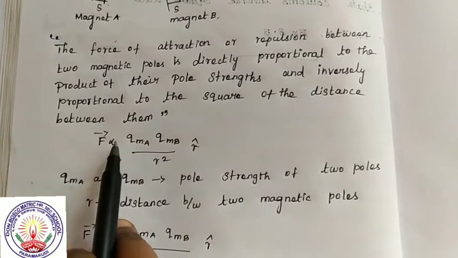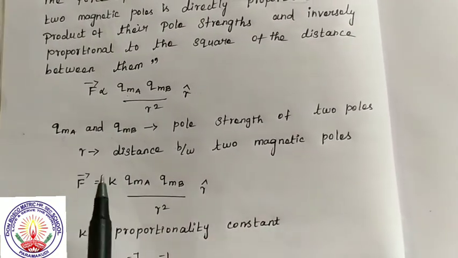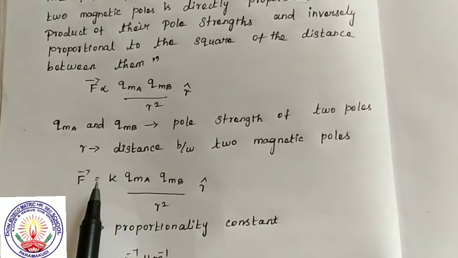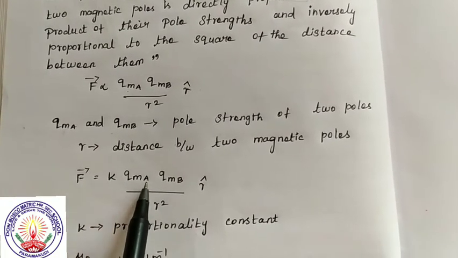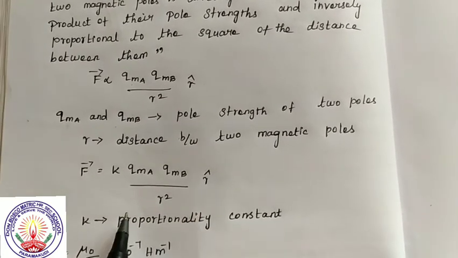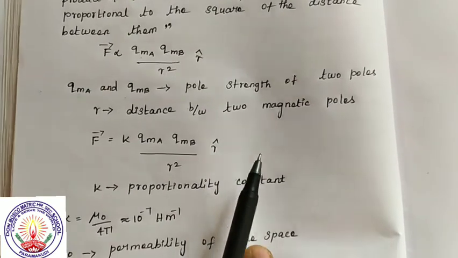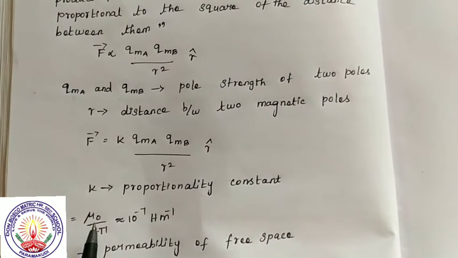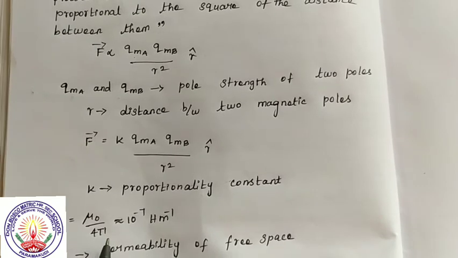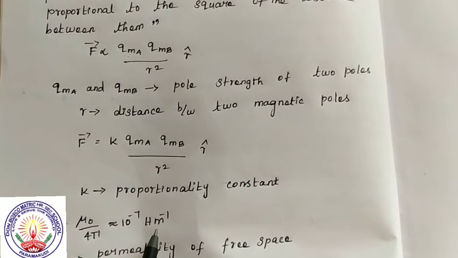Proportional means a constant, so we substitute the constant as K. So F vector is equal to K into QMA QMP by R squared into R cap. K is the proportionality constant. What is the value of K? K is equal to mu naught by 4 pi, equal to 10 to the power minus 7 Henry meter minus 1.